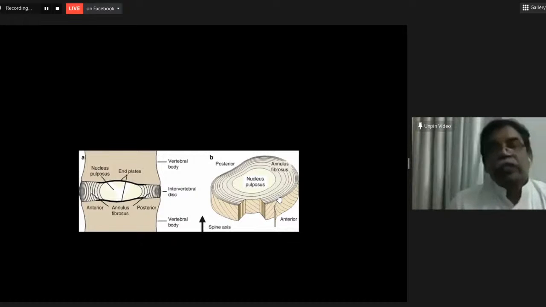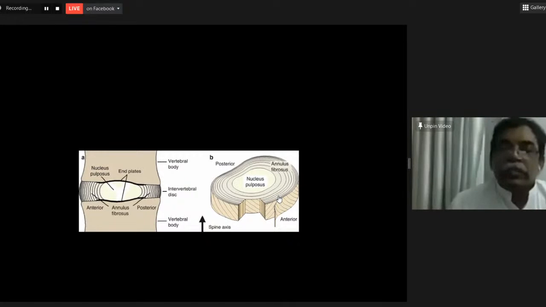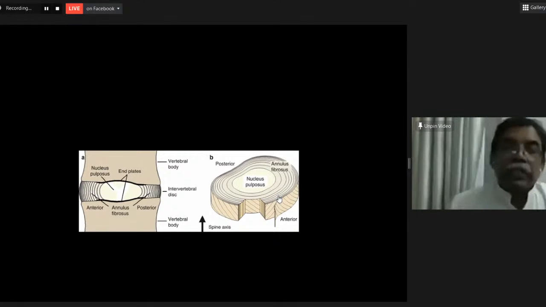The nucleus pulposus has hyaluronic acid and other organic molecules which attract water, which imbibe water. As this nucleus pulposus is bound by the end plates on both ends and the annulus fibrosus in the periphery, there's a hydraulic cylinder which is relatively unyielding to vertical pressures.